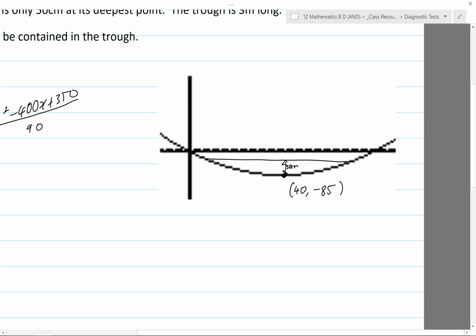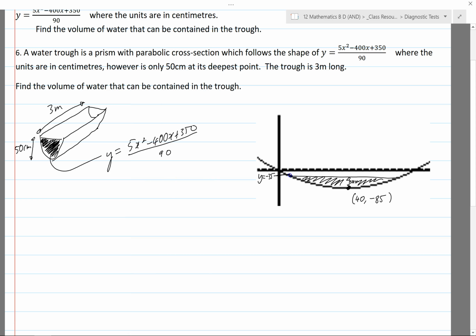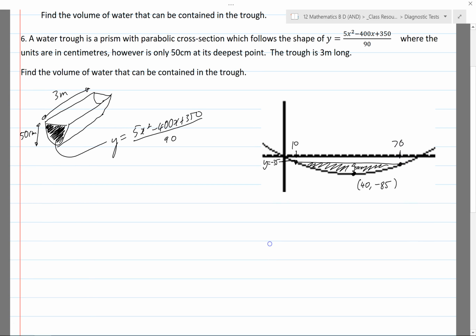So I need to find the intersection points, which will be at 10 and 70. Okay, so the cross-section area is going to be the area between 10 and 70 of whatever the top minus bottom function is.